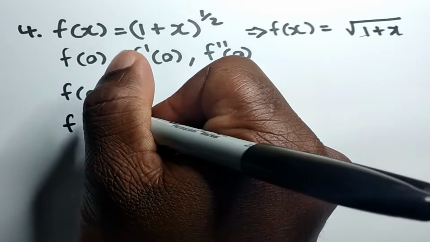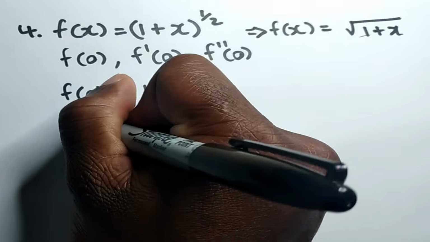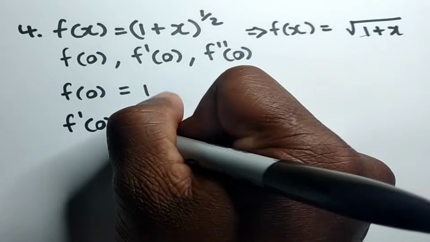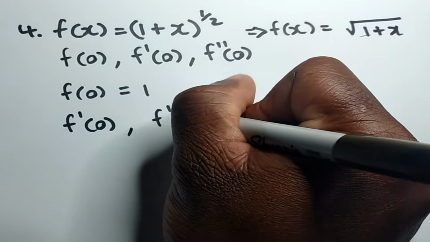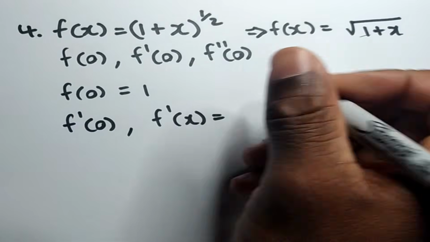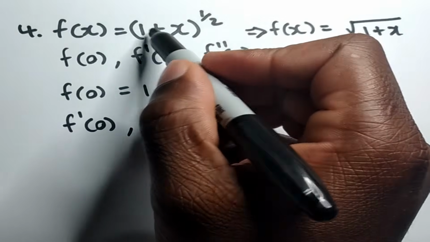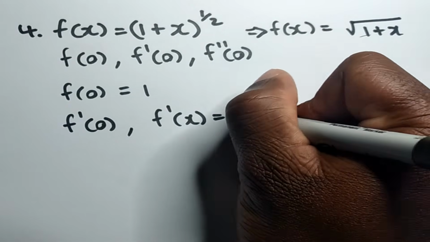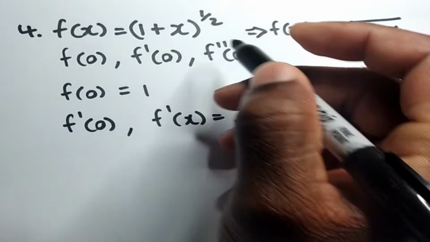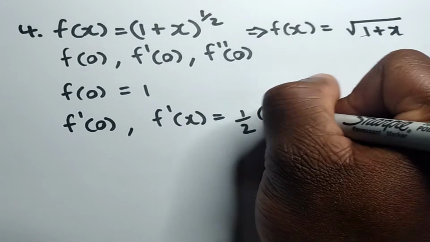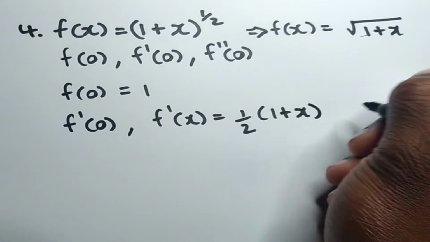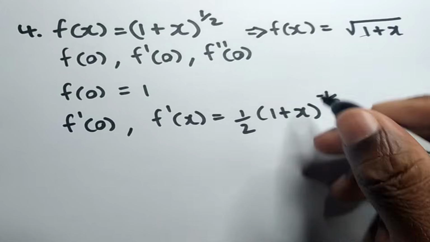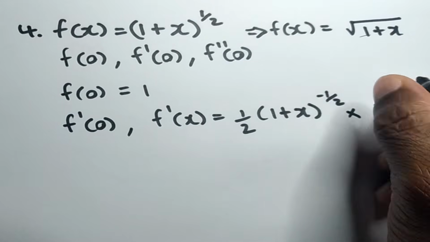Now I want to find the result that we obtain when we substitute 0 into the first differential of f of x. So I want to find the first differential of f of x. And what is that? We can differentiate this using the chain rule. We'll multiply the function by the power, so we have a half times 1 plus x. We'll subtract 1 from the power, so we'll end up with negative a half. And we'll multiply that by the differential of the bracket, which is 1.